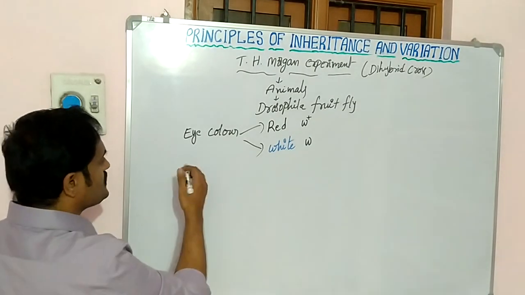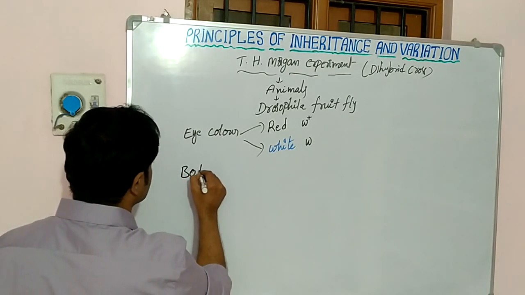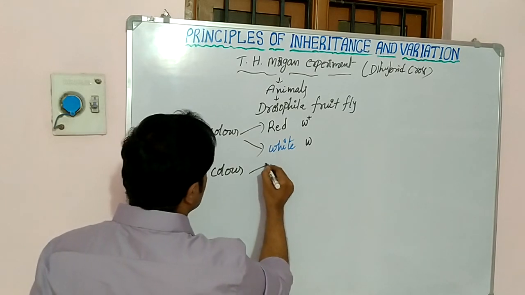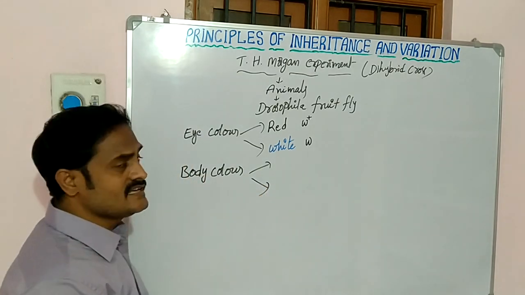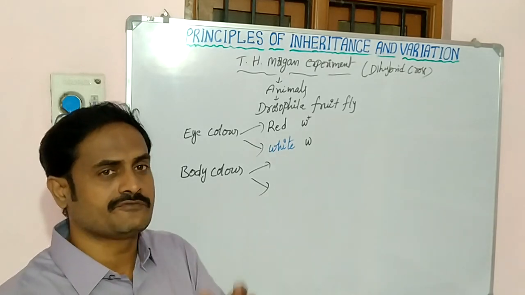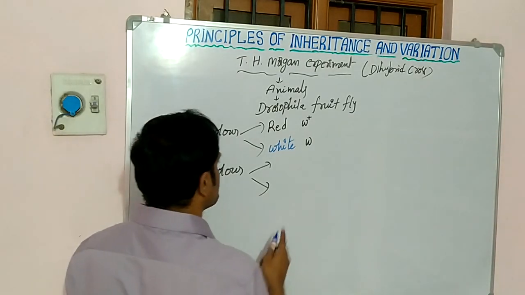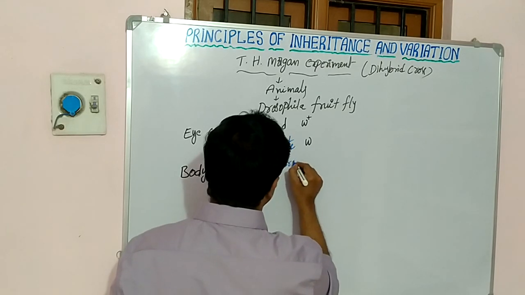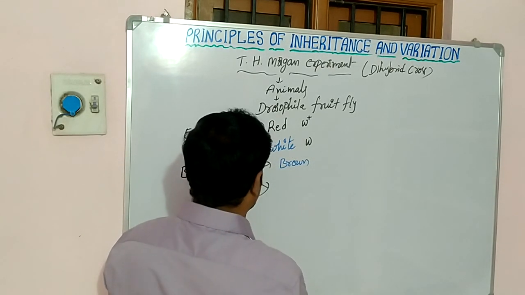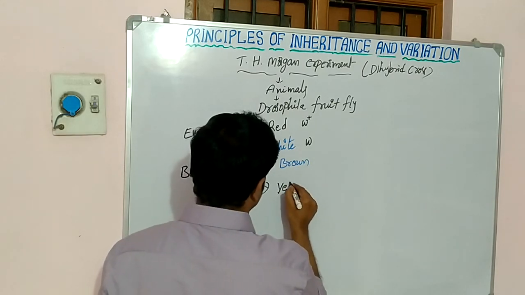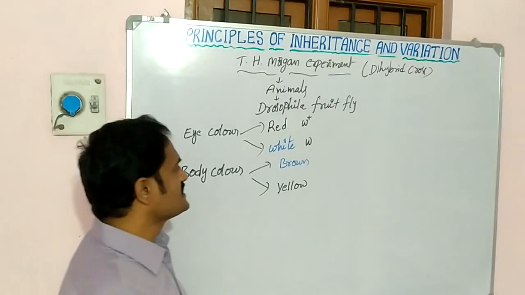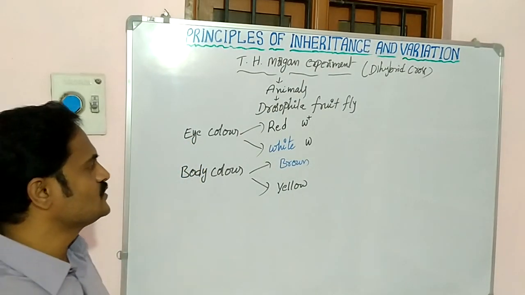Okay, now coming to the body color. Here also the fly body is not a single color. They also have two different colors. One is brown color and another one is yellow color. Some letters are also used to identify them.